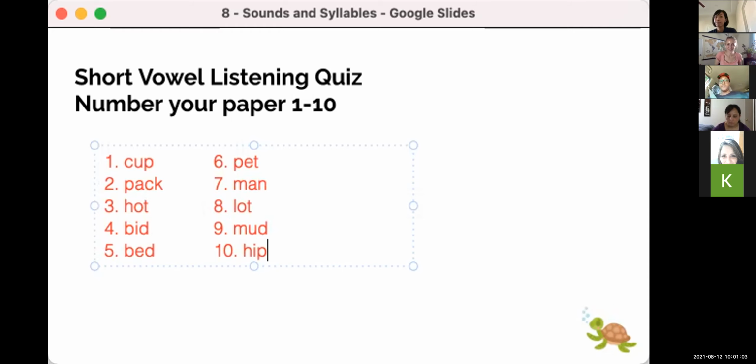Okay, how did you do? I have 2. Two mistakes. Okay, are they the same short vowel sound or different short vowel sounds? Different.